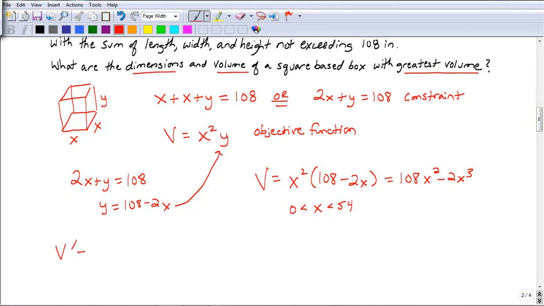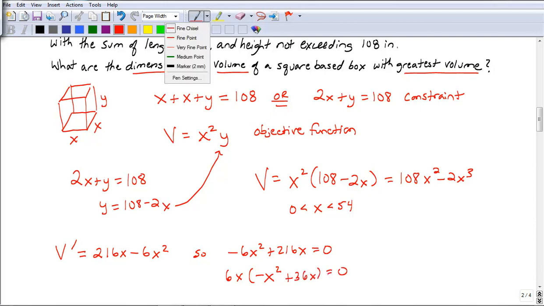I take my objective function and I find the derivative. I get 216x minus 6x squared. That makes sense everywhere. So I take my derivative and I set it equal to 0. I can factor out a 6x, and I get 6x times negative x plus 36, or rather negative x squared plus 36, sorry.